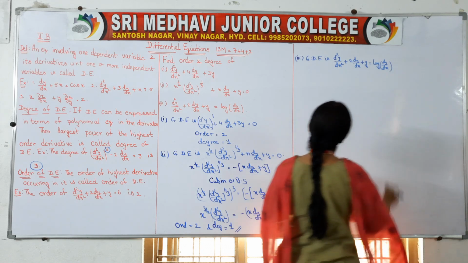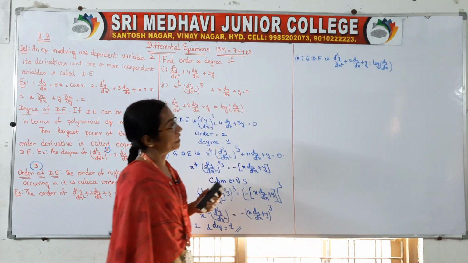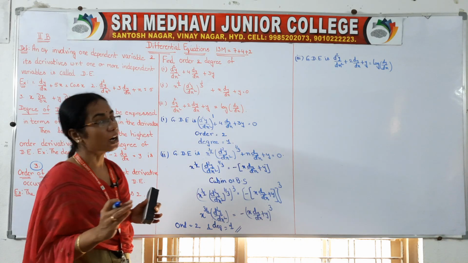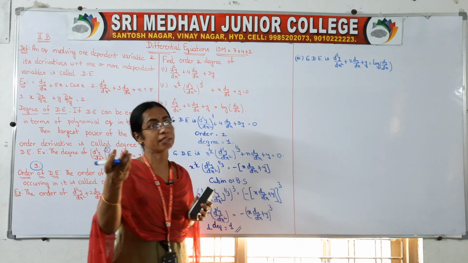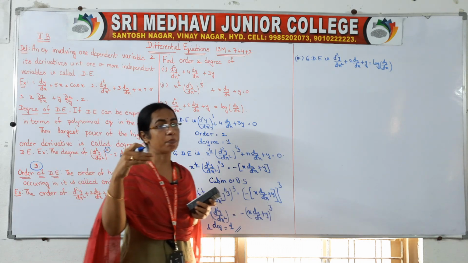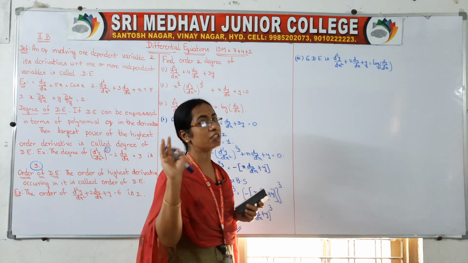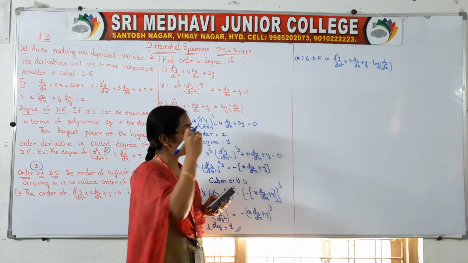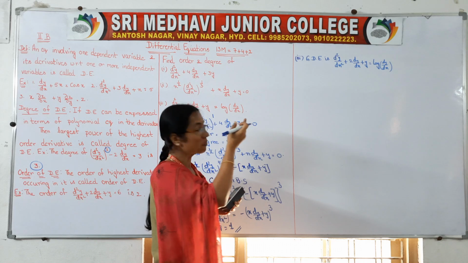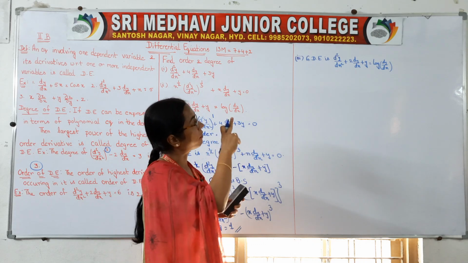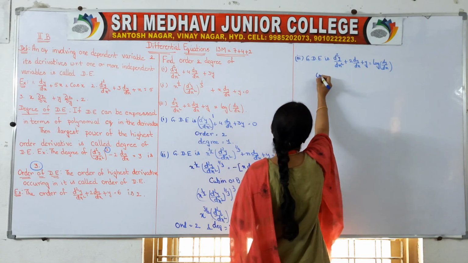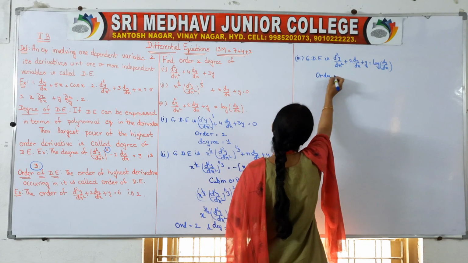So this is your differential equation. Observe carefully. Generally, order means how many times at most our dependent variable is differentiated. Dependent variable means y. So how many times is y differentiated? Maximum 2 times, d square y by dx square. So the order is equal to 2.